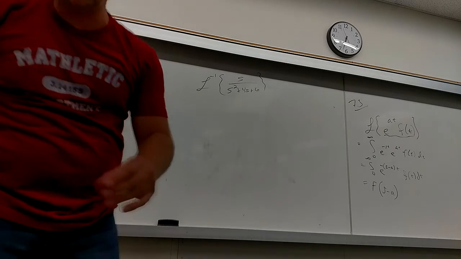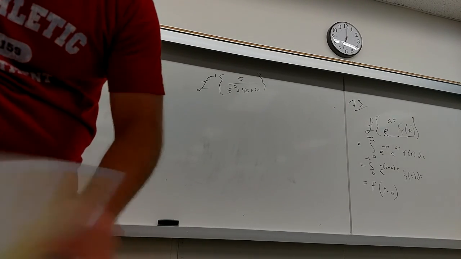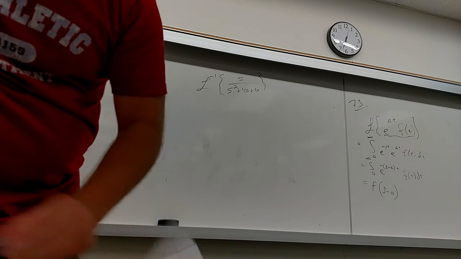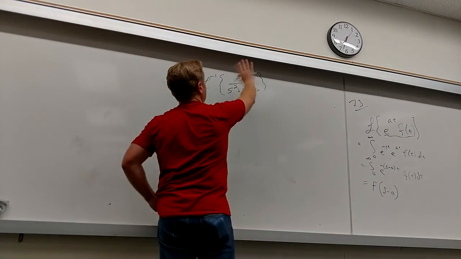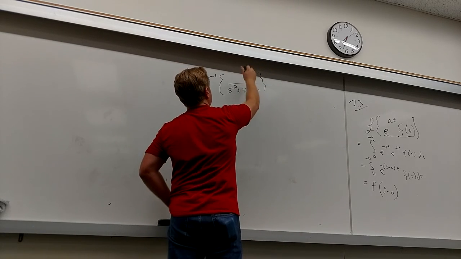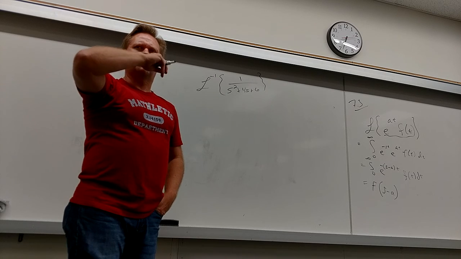Shoot, I can't remember now. I could just steal one from out of here. All right, that's better. It would be a little easier if this was just a 1. Make that a 1 on top right now.